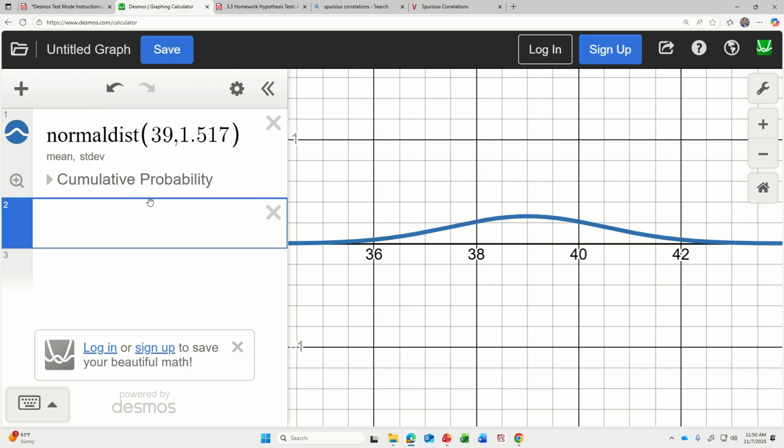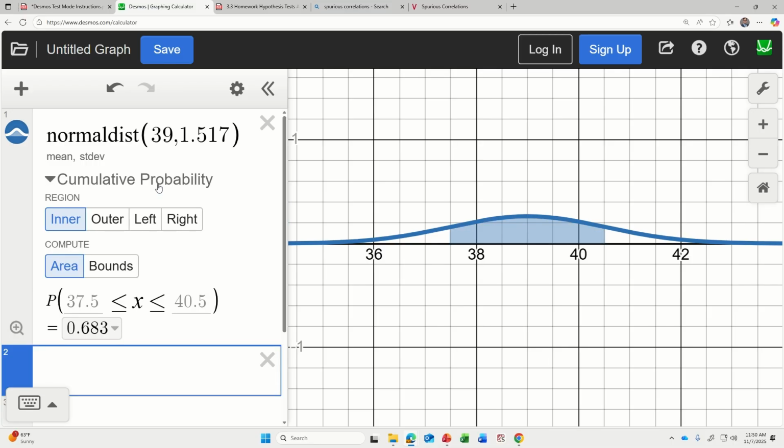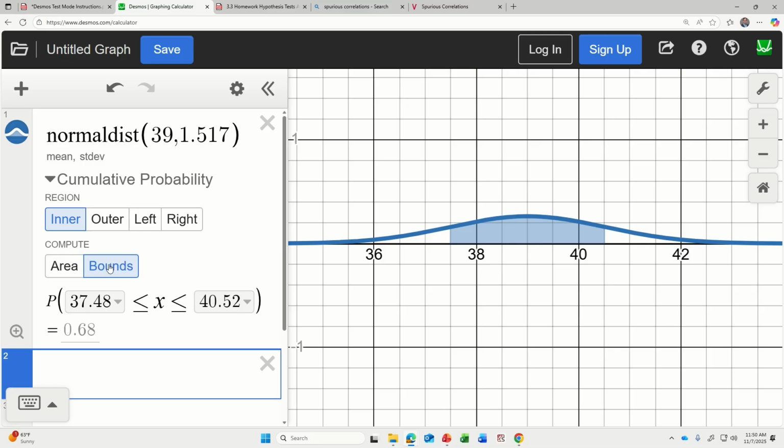Okay, how do I now construct a confidence interval? A 90% confidence interval. I'm going to click cumulative probability, and then I'm going to choose inner, and then I'm going to choose bounds for the confidence interval.